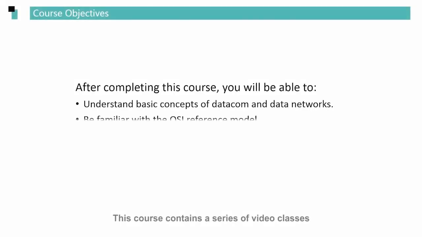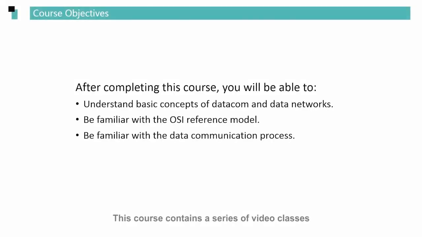This course contains a series of video classes, helping you learn the fundamentals of data communications networks, technology, and protocols systematically. Today is the first class, giving a broad outline of some of the concepts we will look at. Today, we will look at some basic concepts related to data communications networking.